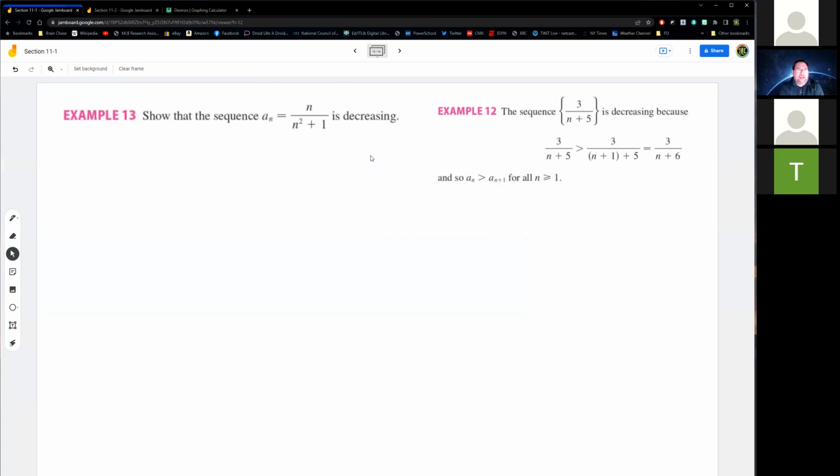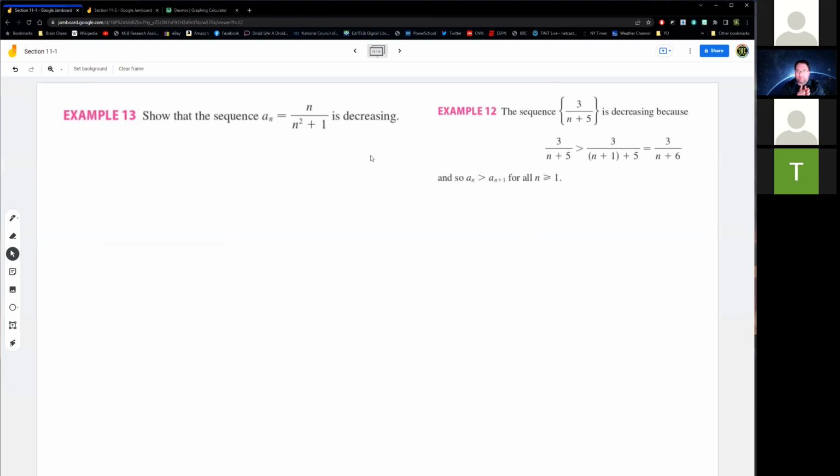All right. We want to show that this sequence is decreasing. So we've got example 12 over on the side, showing how they did it with a simple number. So I've got 3 over n plus 5 is greater than 3 over n plus 1 plus 5.